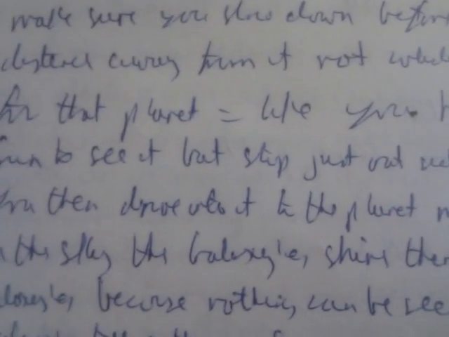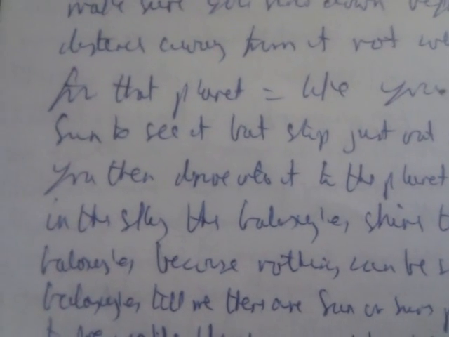Then head straight for that planet, like you head fast to the galaxy, using the sun to see it. Where there is darkness, a sun cannot be spotted because there's no sun there. If you see light there, like if you see a galaxy shining, that means there's a sun there. So you head for that galaxy, by the shape of your astronomy.